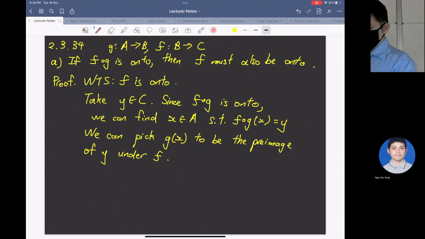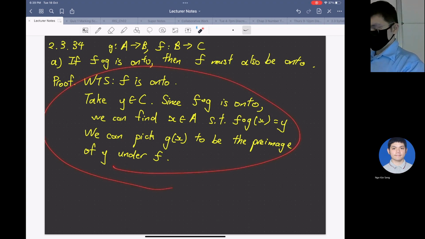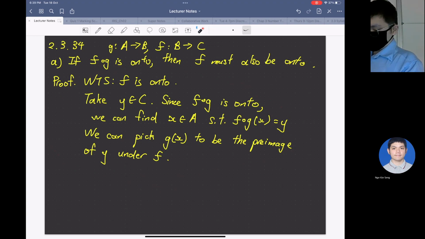2.3.34. If the composition is onto, then the outside function, the last one, should be onto. Okay. So this one is to check whether you know the definition of onto or not. So if you want to show that f is onto, then you need to take an element y here, so that there's a pre-image that gets mapped to y. So I take one y here.